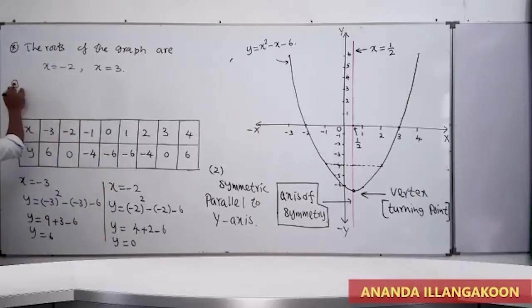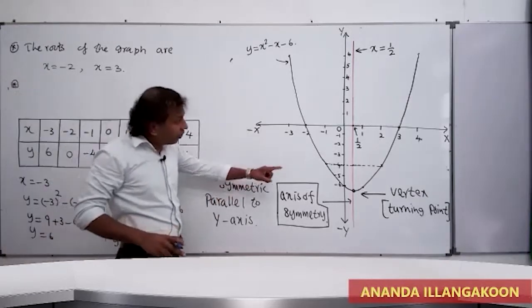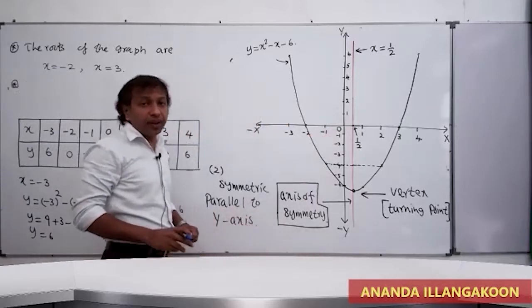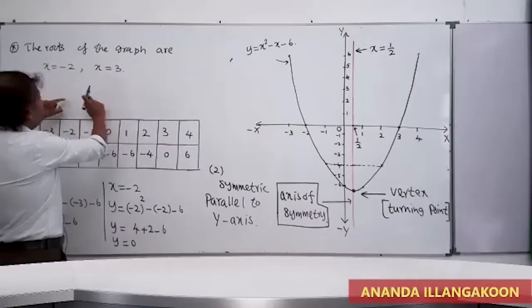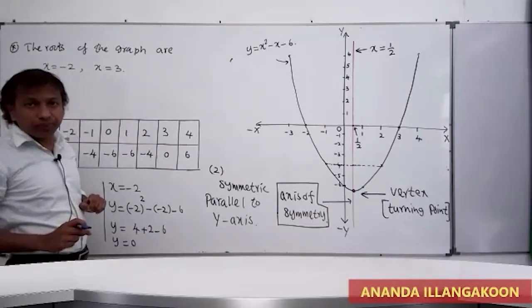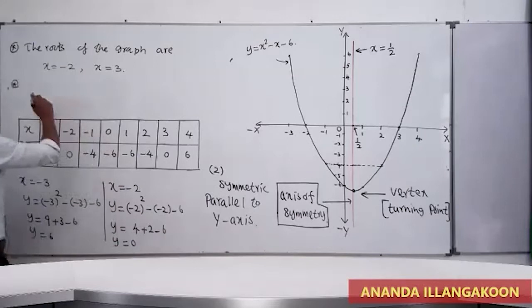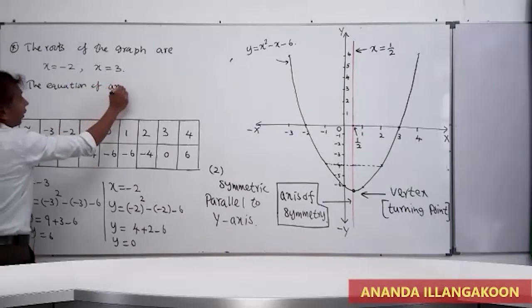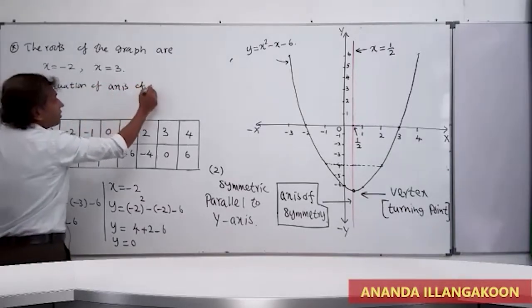Now write down here. The equation of axis of symmetry, people, we can obtain by adding these roots and dividing that by 2. Write down the equation of axis of symmetry.